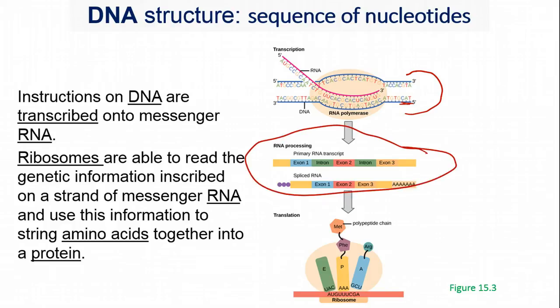We'll talk about RNA processing. And finally, the end result of a processed RNA is mRNA, which is called messenger RNA. Messenger RNA leaves the nucleus and is then translated into protein through a machinery we call the ribosome. So we'll talk about each of these three big ideas over the next couple of slides.